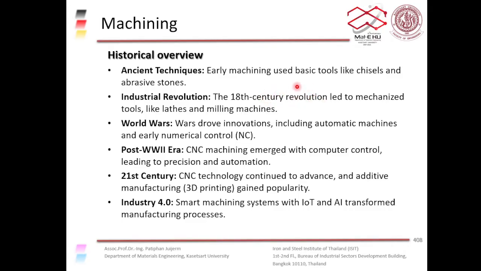Early machine tools are like chisels and abrasive stones that were used to shape stone, shape metals, etc. In the Industrial Revolution era in the 18th century, we started to have mechanized tools like lathe, milling machines, but most of these machines were still like manually operated.